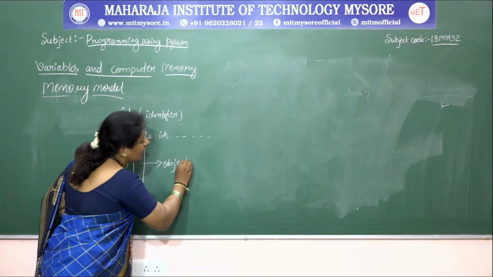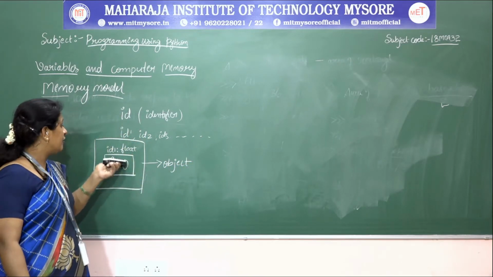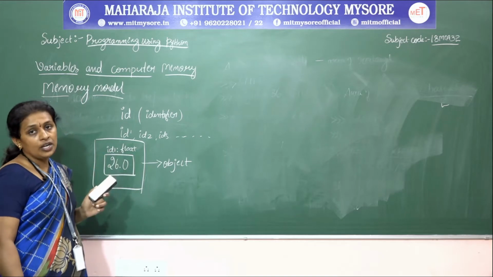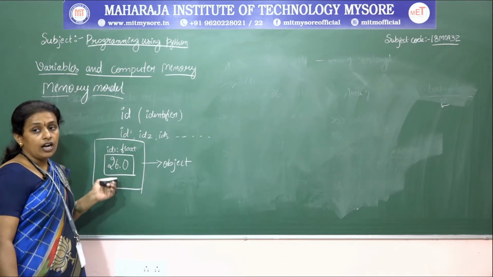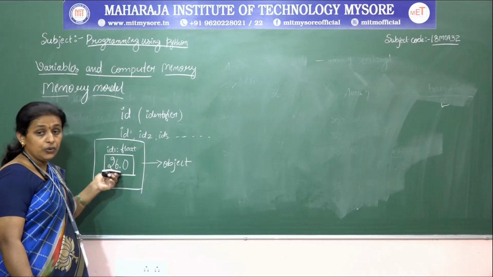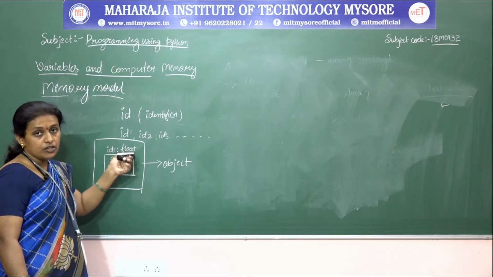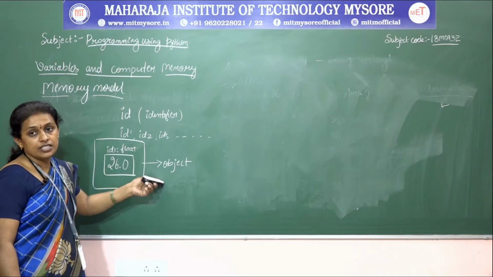A value at a memory address with a type, we call an object. I am repeating, an object is a value at a memory address with a type. So it's called an object.